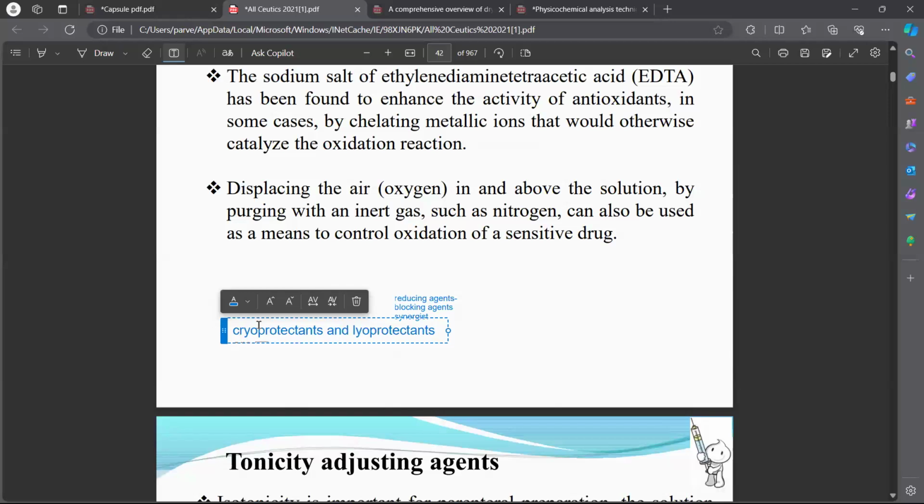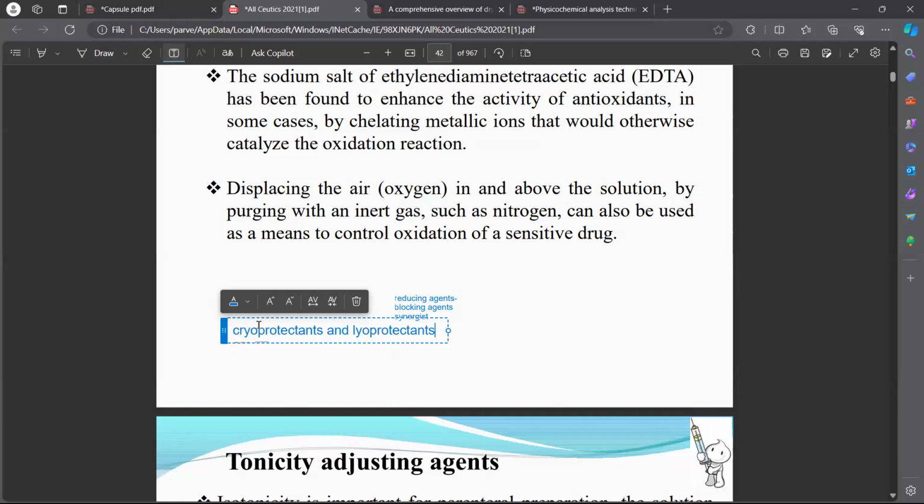Freeze drying. Great, guys. In lyophilization, we do freeze drying. During freezing, our drug may get damaged, so in order to protect the drug from the freezing step, we use cryoprotectants. And in order to protect the drug from the drying stage, we use lyoprotectants.